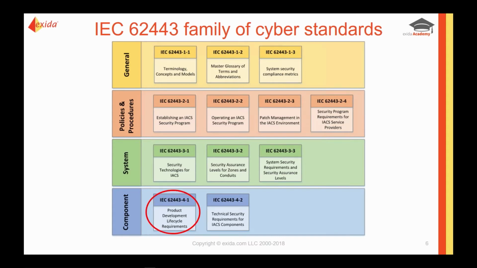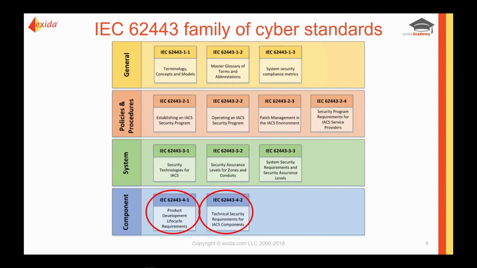And specifically the 4-1, which discusses an entire process for developing products, what's known as a security development lifecycle, and also looking at key functionality that needs to be in products in order for them to be secure. These are also known as foundational requirements. 4-2 deals with foundational requirements for individual products.